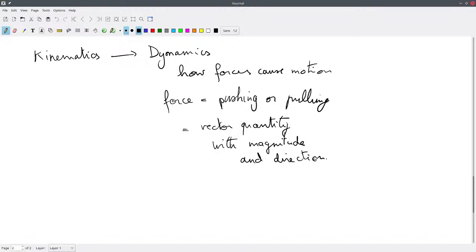I see some things in the chat there. Someone is mentioning twist. Twist is not a physics word. It is also not something that we're going to talk about as all that separate from forces.